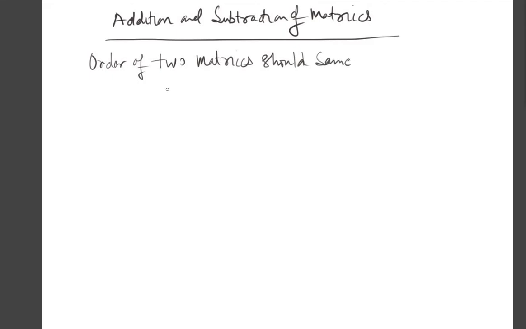So that means if I am trying to add a 2 cross 2 matrix with another matrix, the other matrix has to be a 2 cross 2. And why that is the case, let's quickly see an example.